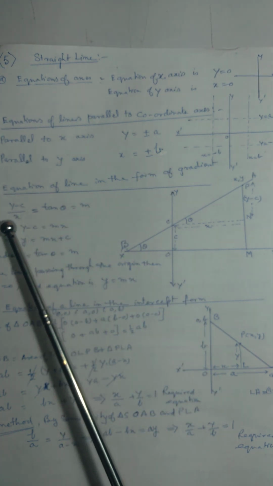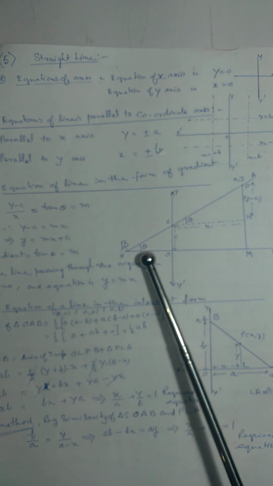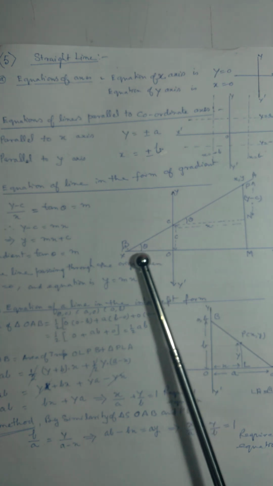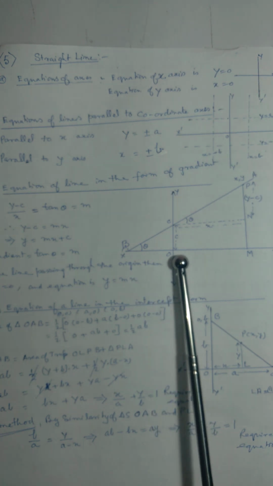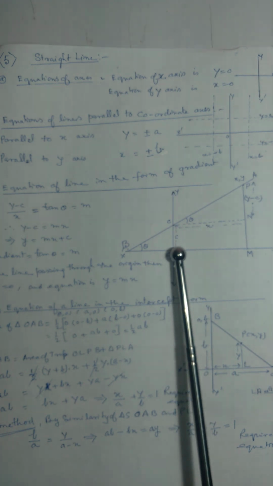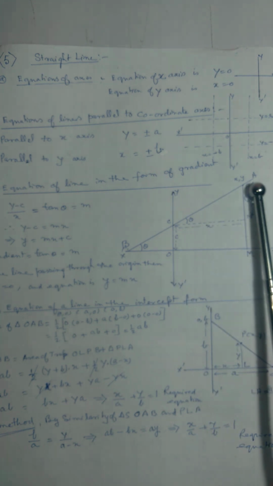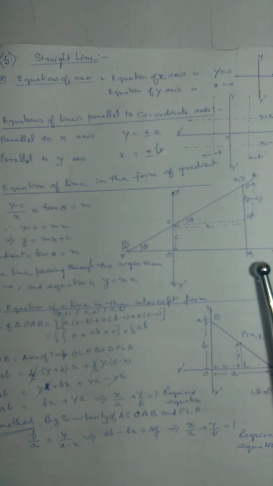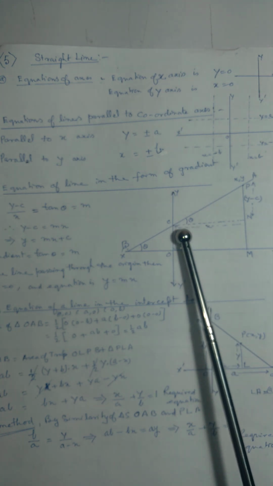Now the C part, that is the equation of a line in the form of gradient. You see the line AB has been drawn and it makes theta angle with the positive direction of x-axis, and its intercept on the y-axis is C. Let us take a point P(x, y) on this line and drop a perpendicular on x-axis, that is PM is the perpendicular drawn, and C is the point where the line intersects the y-axis.